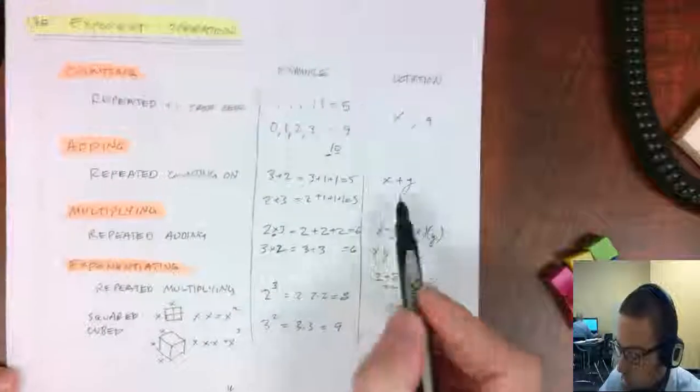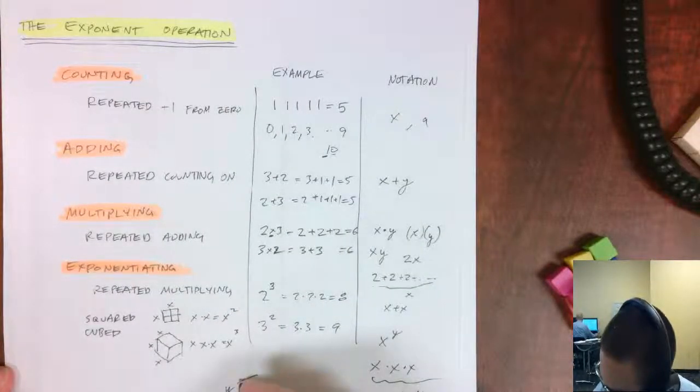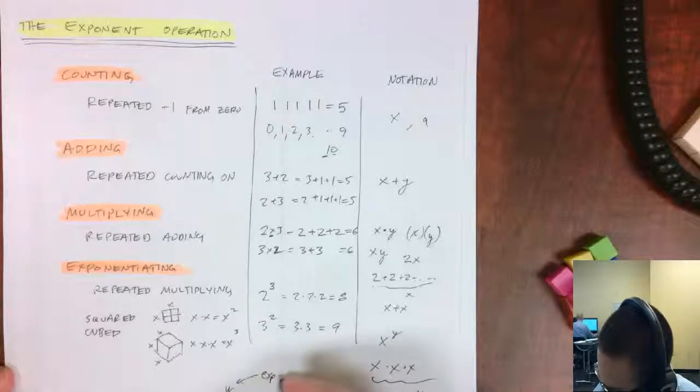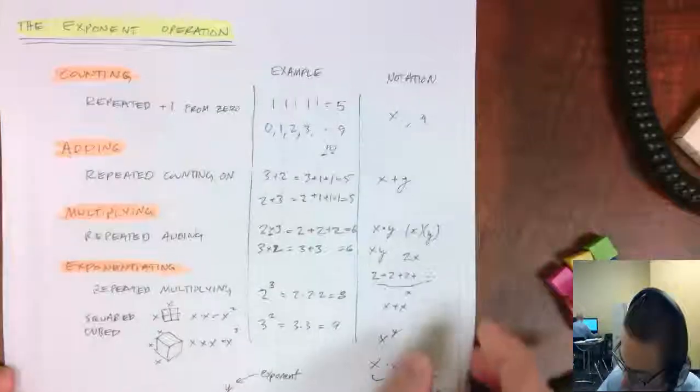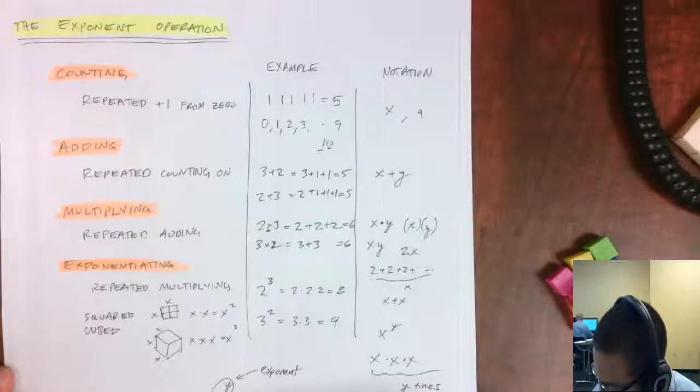Just like with addition, you have this is like the addend or something. And this is the exponent. And together we call this the power. The whole thing together we call just the power.